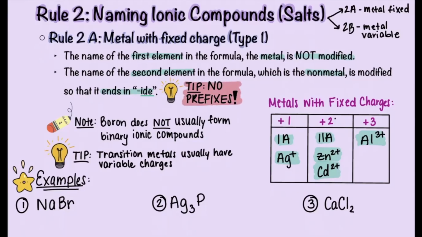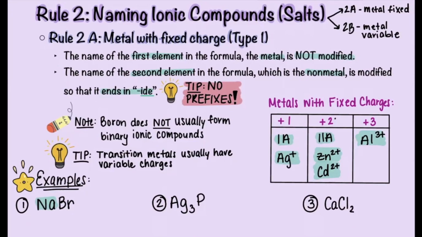So let's take the first example: NaBr. Identify, ionic or covalent? Sodium's a metal, bromine's a nonmetal, so it's ionic. So are we using Rule 1 or Rule 2? Rule 2. Is it Rule 2A or Rule 2B? Meaning, does the metal have a fixed or a variable charge? Well, sodium is in group 1A of the periodic table, and all metals in group 1A like to form a +1 charge.